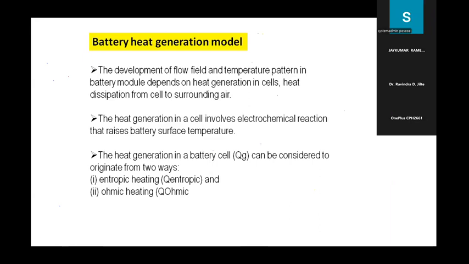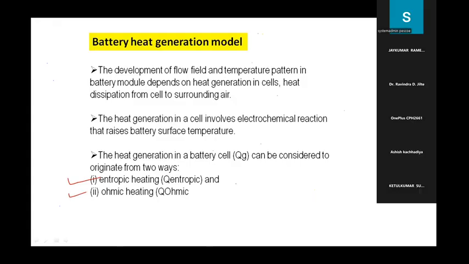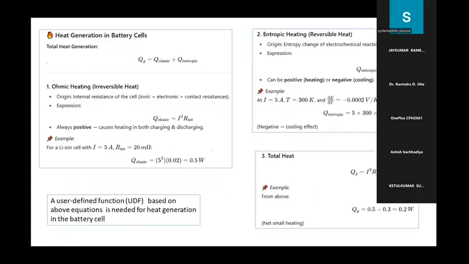So let us try to understand. It comes from two sources. One source is called entropic heating, and the other is called ohmic heating. All these equations we need to use when we try to find out the heat generation through the simulation.